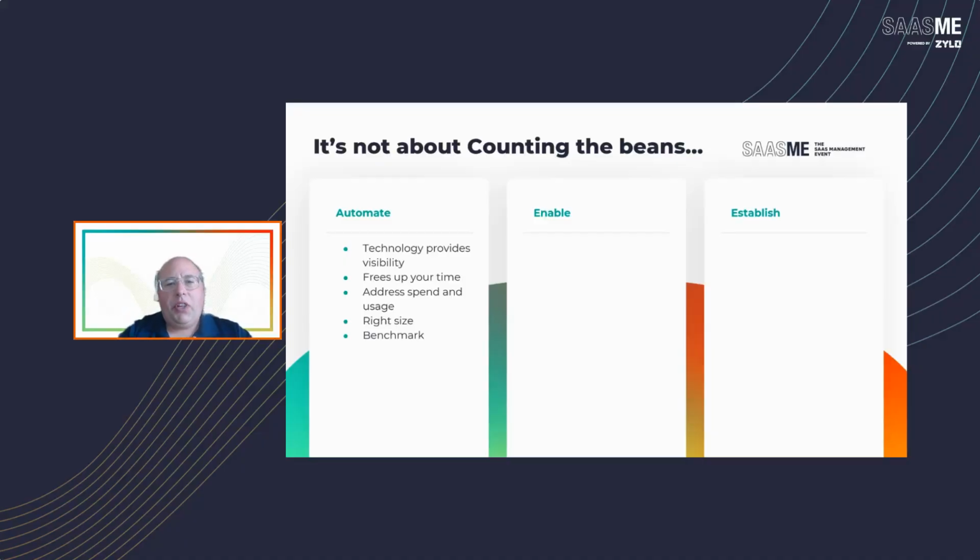So first things first, and this isn't a plug on tools or whatever, but technology allows us to get that visibility quickly, right? So invest in a tool that is able to help with automation, frees up your time. Most importantly, it's got to be able to capture that spend and that usage.